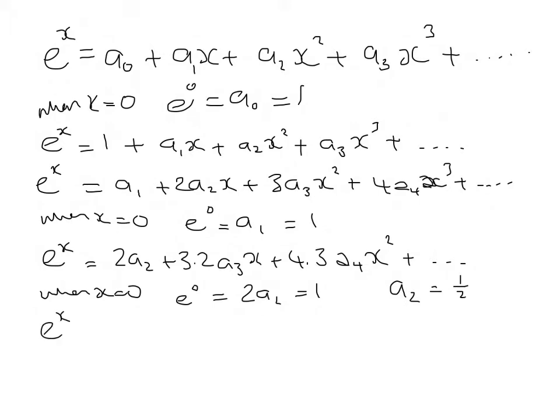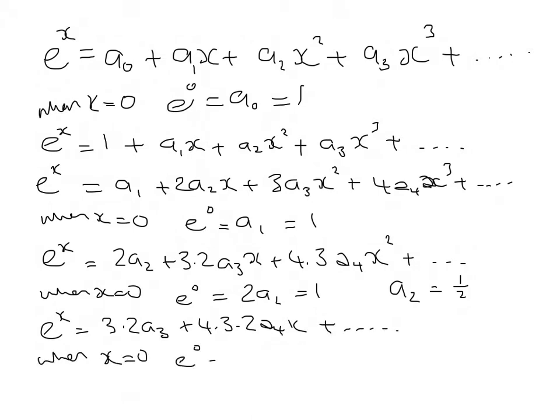Differentiate again. e to the x equals 3 times 2a3 plus 4 times 3 times 2 a4x plus all the other terms. Stick in 0 again. When x is 0, e to the 0 is going to be 3 times 2a3, which is 1. So that gives us a3 is 1 over 6, 1 over 3 factorial, 3 times 2 times 1, 3 factorial.